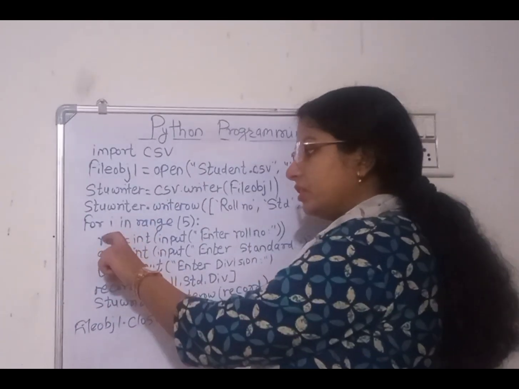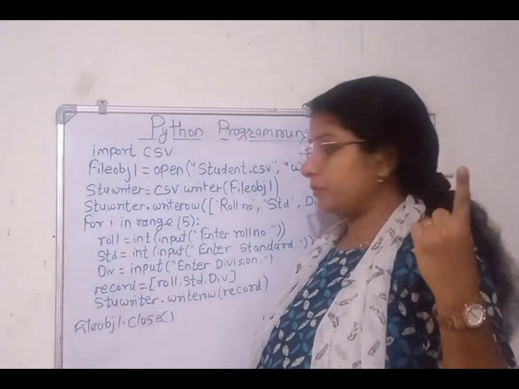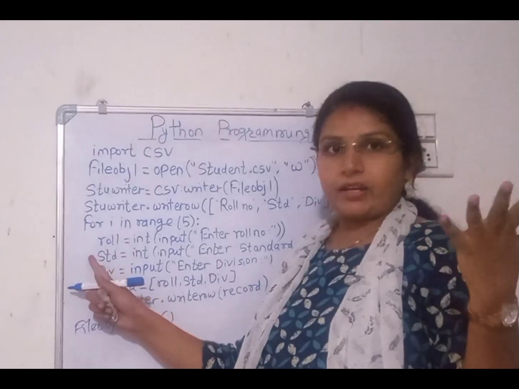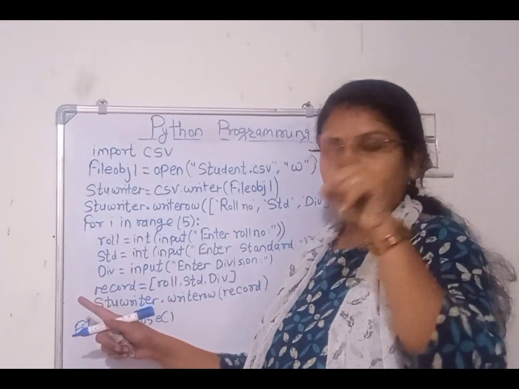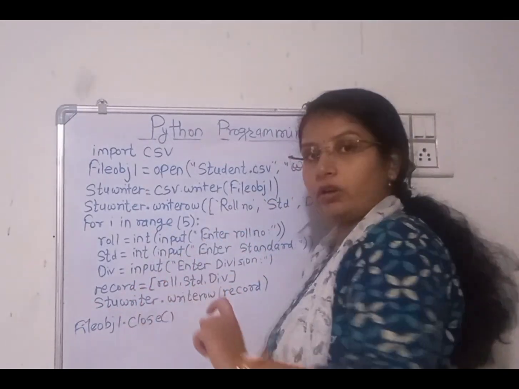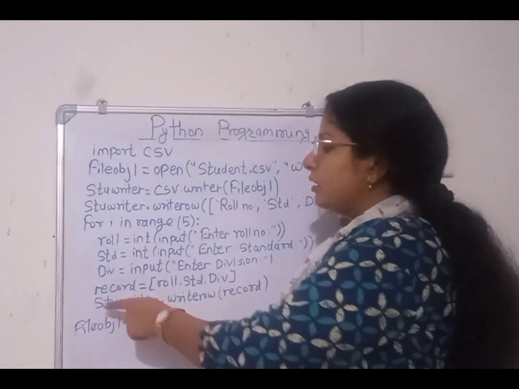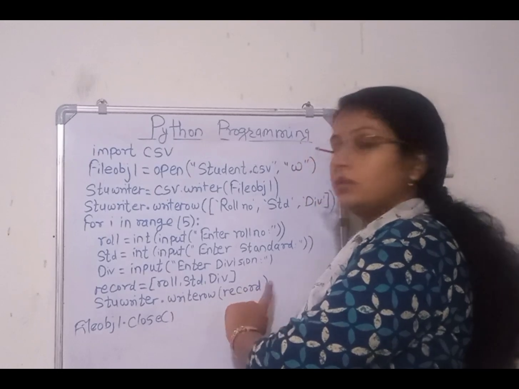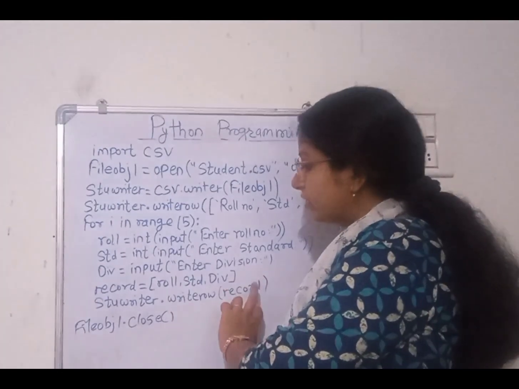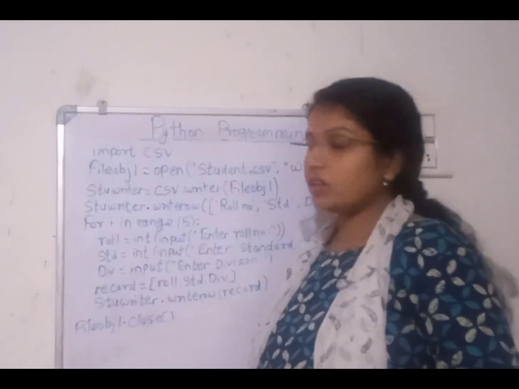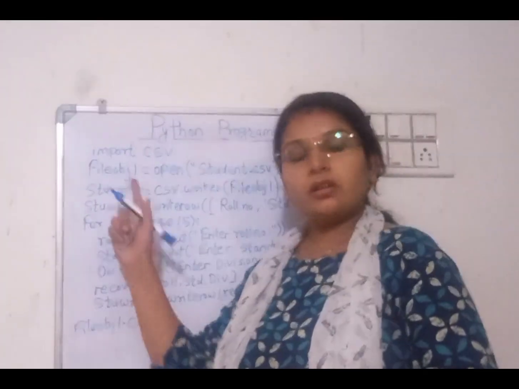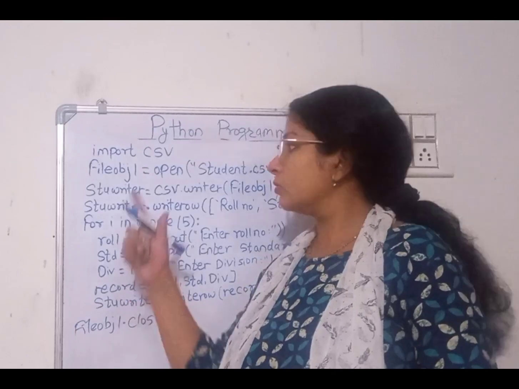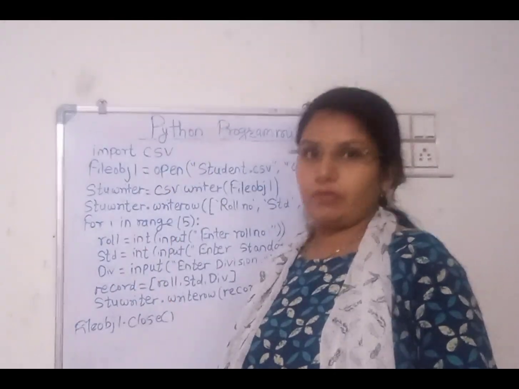Suppose the roll number I have entered is 1, standard 5, division A. So that 15A will be stored in the record list, and then I am calling the write row method and writing this record into the writer object. This writer object is connected to your file object, so it will be automatically written to your CSV file.